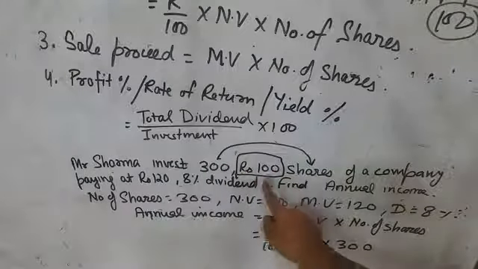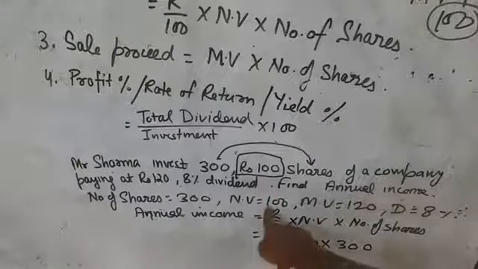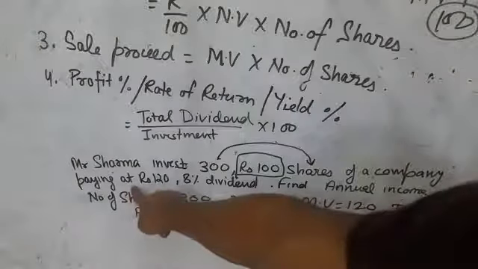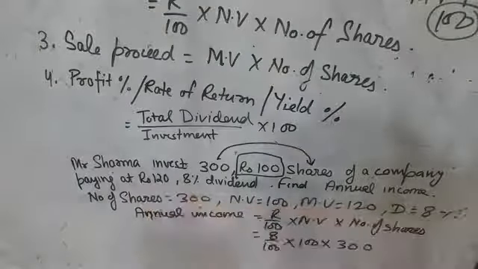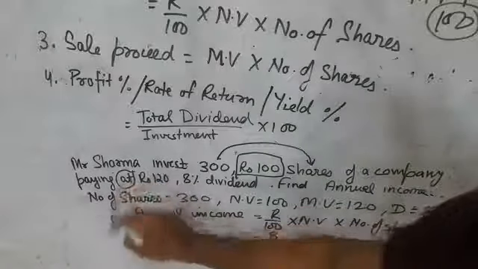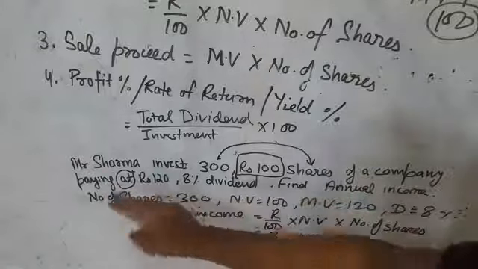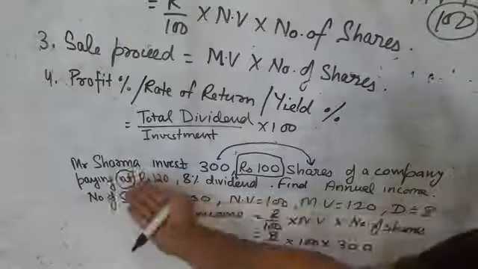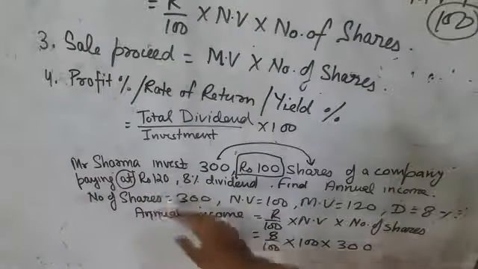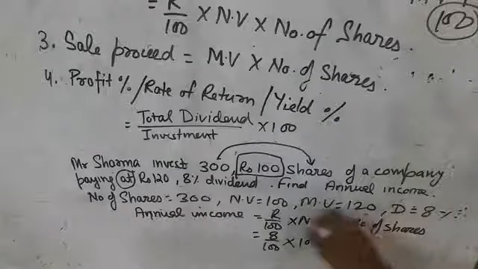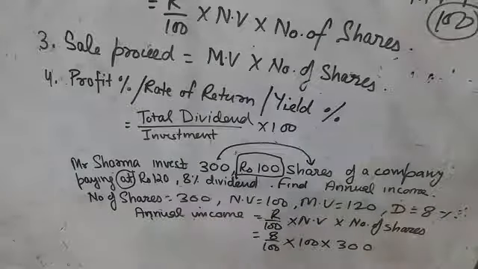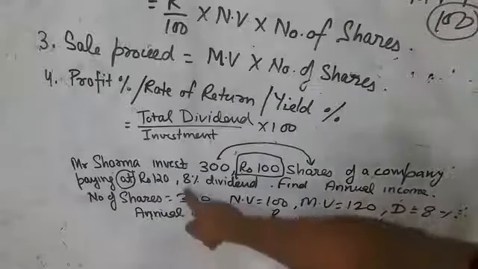Rupees 100 will be the nominal value. Whenever a term like 'at rupees' is there, this share is available at rupees, this share is of rupees, this will be the market value. 8% is what? The dividend percent.